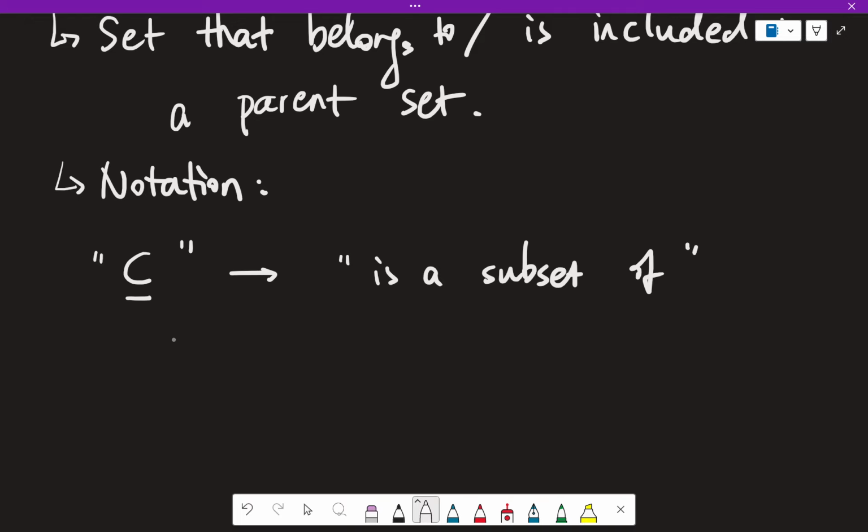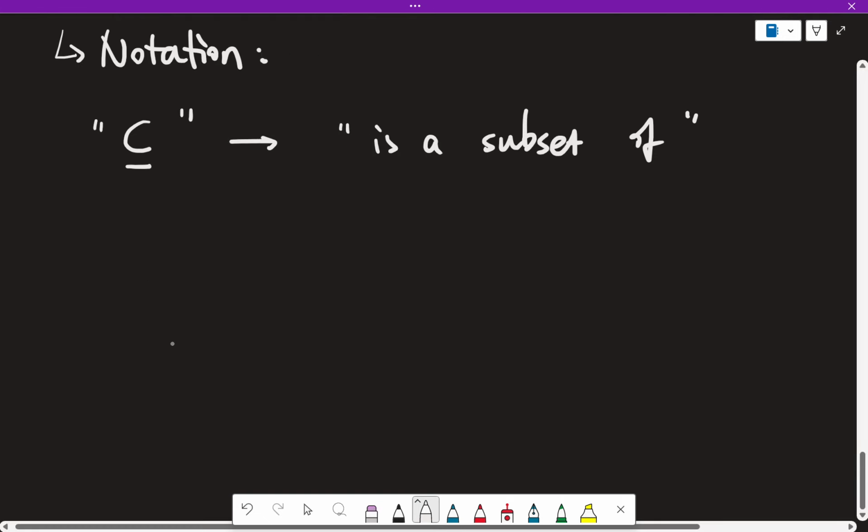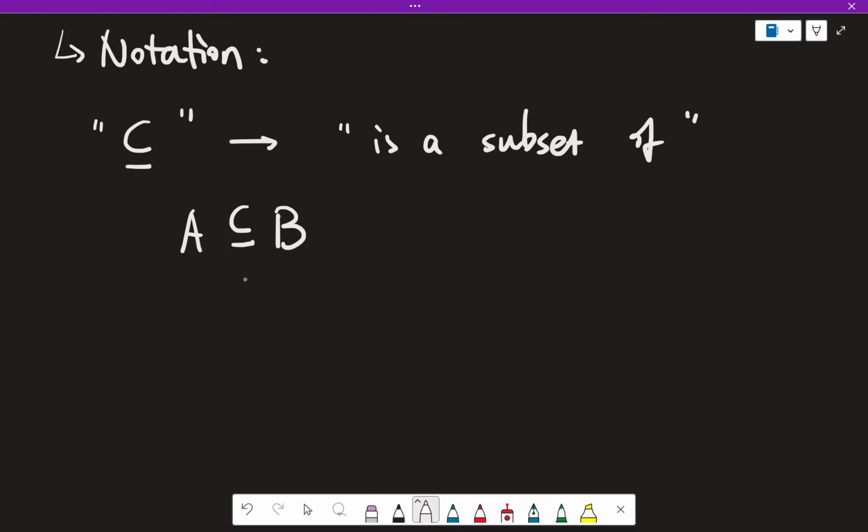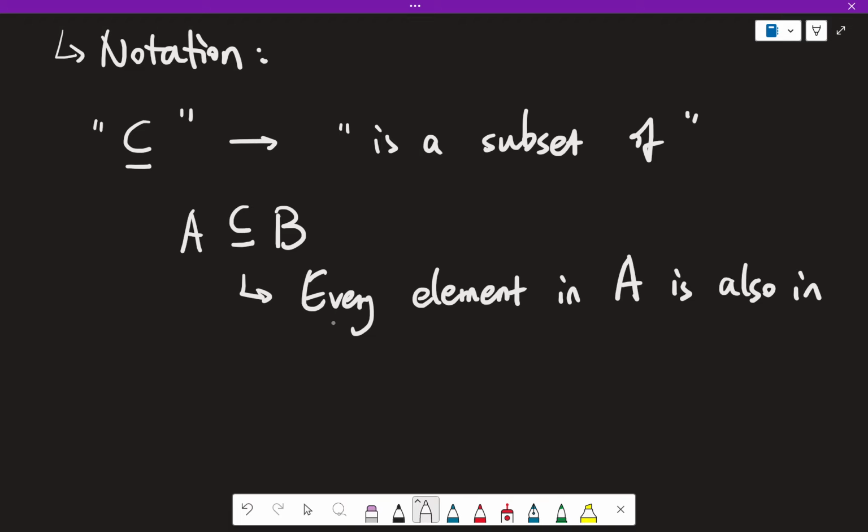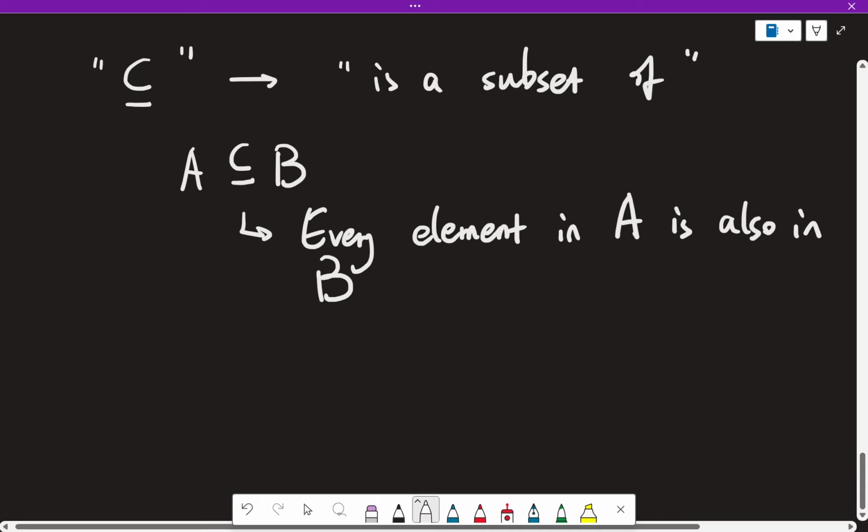So if I say, for example, A is a subset of B, this means every element in A is also in B, so all elements in A are included in set B.